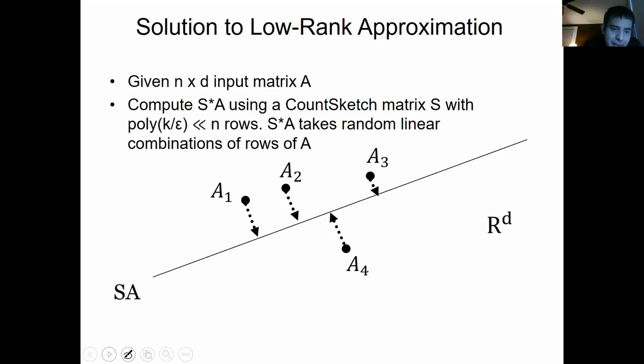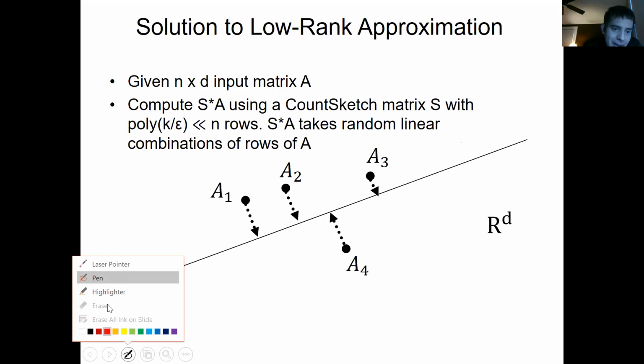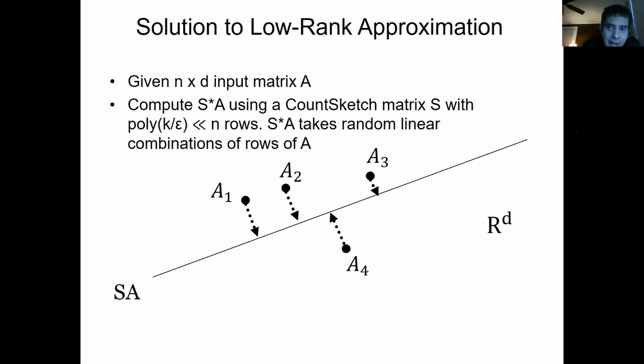Let me quickly tell you the idea behind sketching in this context. You have this n by d matrix A, and you think of the n rows as points in R^d. Here are my points in R^d. You compute S times A, where S is one of these short fat matrices. A could be square here; we're not assuming anything about n and d.